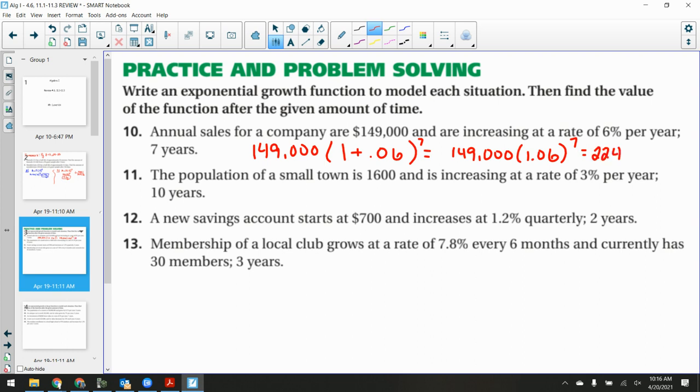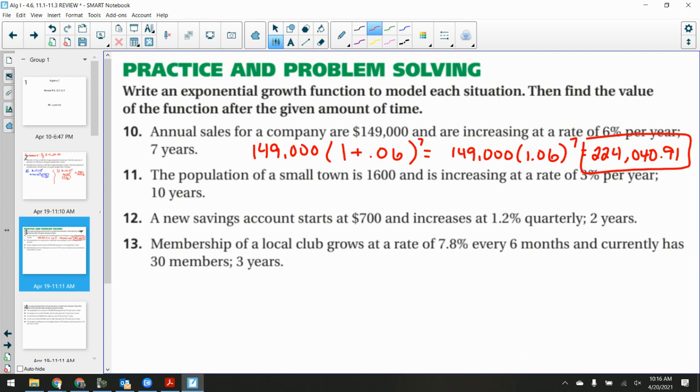What'd you get? 224,000. Okay, 40.91. There's my amount of money. Come on, Rosie, you gotta do your homework.